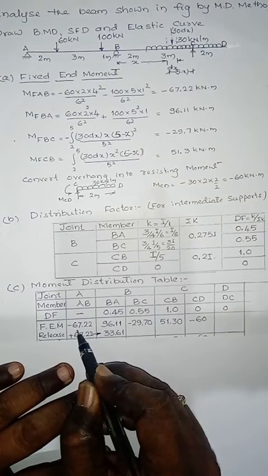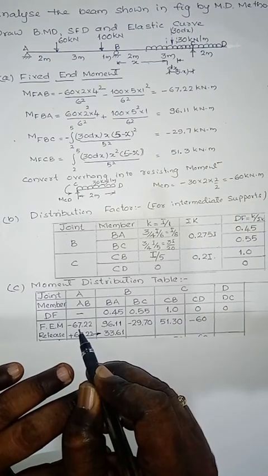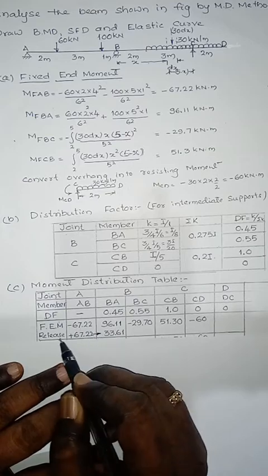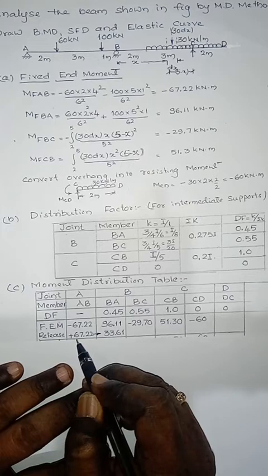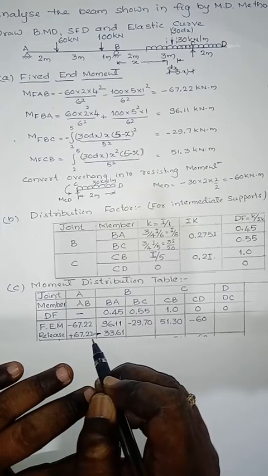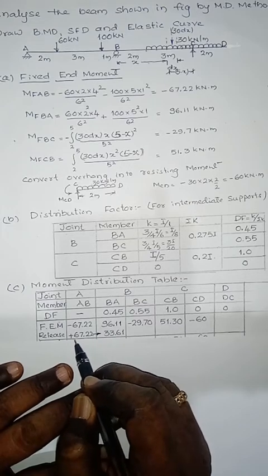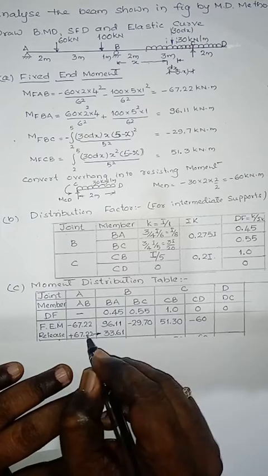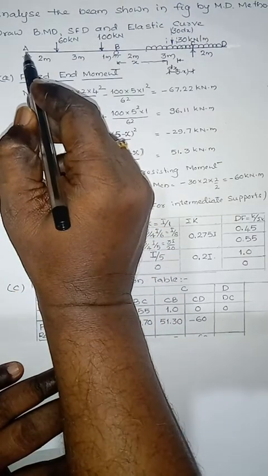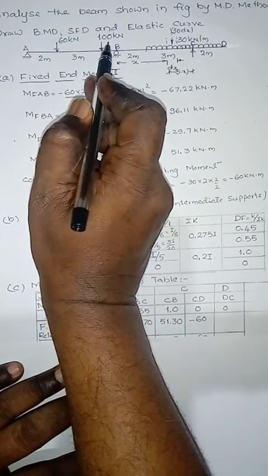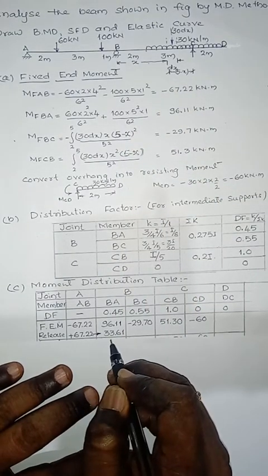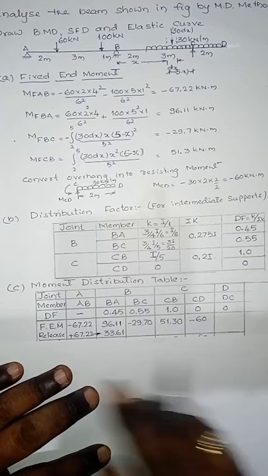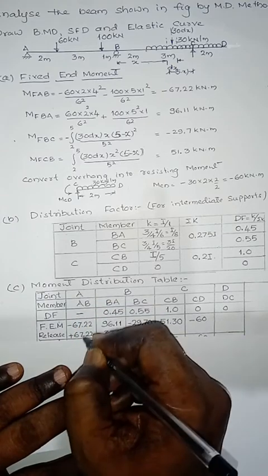The fixed end moment we have calculated is minus 67.22; by adding the moment of same magnitude with opposite sign, that is 67.22, we make it 0. Then release the moment, and 50% of this moment is carried from A to B, that is 50% of 67.22, that is 33.11.